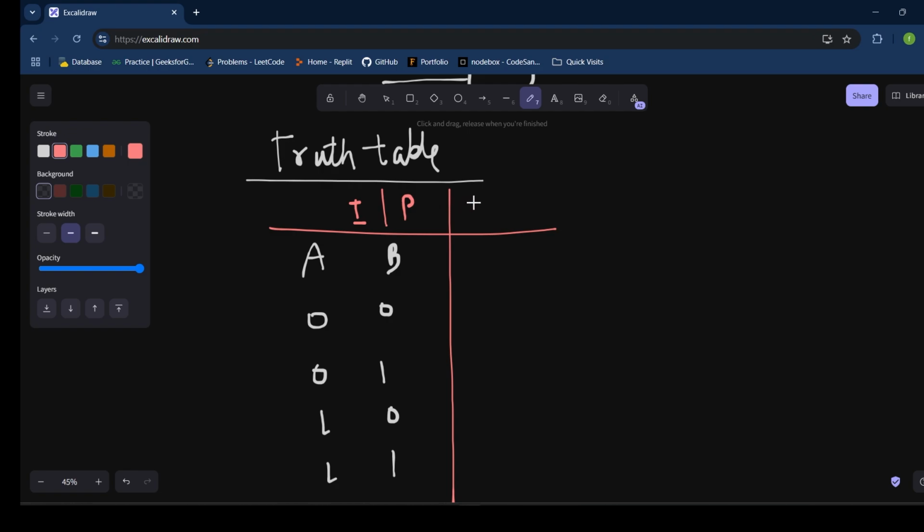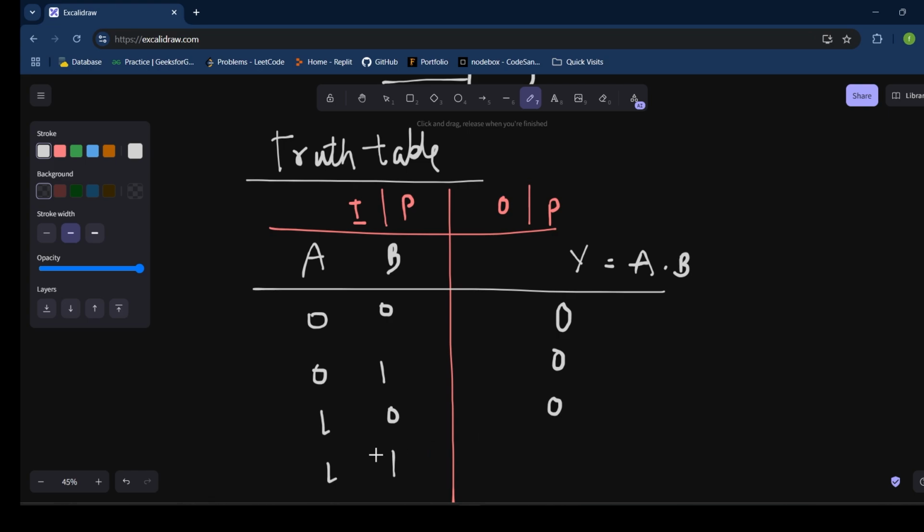And these are the inputs and output. And the output is A into B. So 0 into 0 is 0. Again 0 into 1 is again 0. 1 into 0, 0. And 1 into 1 is 1. So the output is high only when both the inputs are high, that is A and B are 1.